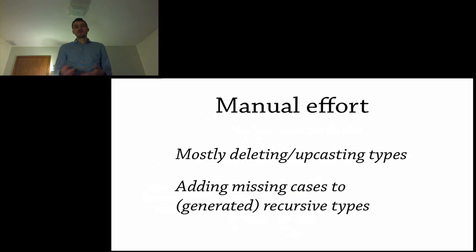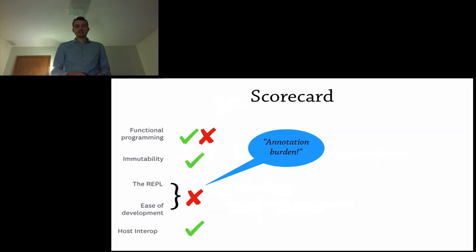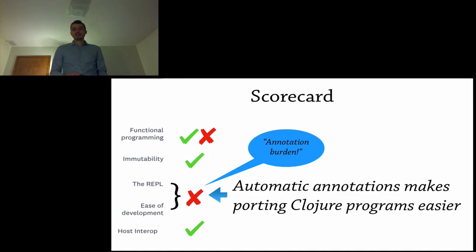So I found overall the manual effort was mostly deleting and upcasting types, or when it came to recursive types, just adding missing cases to recursive types. So let's go to our scorecard. Does this help? Well, the users were saying that there's an annotation burden, and based on this evaluation, I claim that automatic annotations makes porting Clojure programs easier.